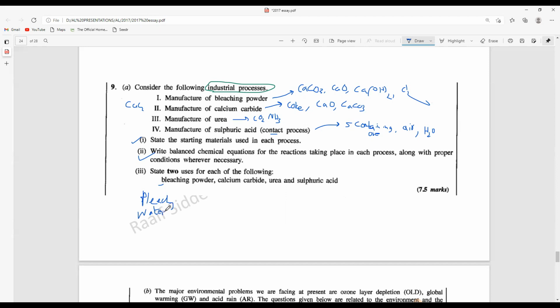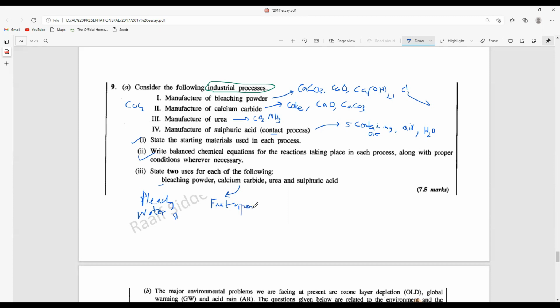We use this in swimming pools sometimes. So this is water sterilization. And calcium carbide: sometimes you have heard people say, oh, this fruit is not good, it is added with carbide. So this is used for fruit ripening, right? So fruit ripening.